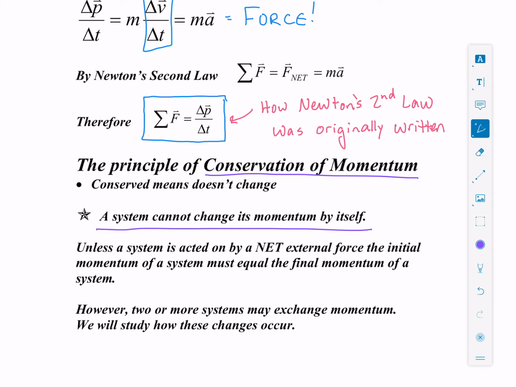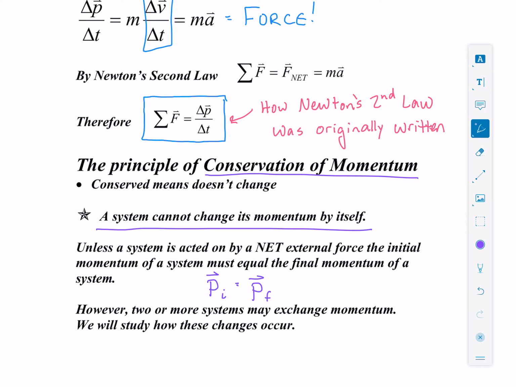So unless a system is acted on by a net external force, the initial momentum of the system equals the final momentum of the system. So your p initial is going to equal your p final. If you don't have any net forces, you're going to have conservation of momentum. Your momentum does not change if your net force equals 0.